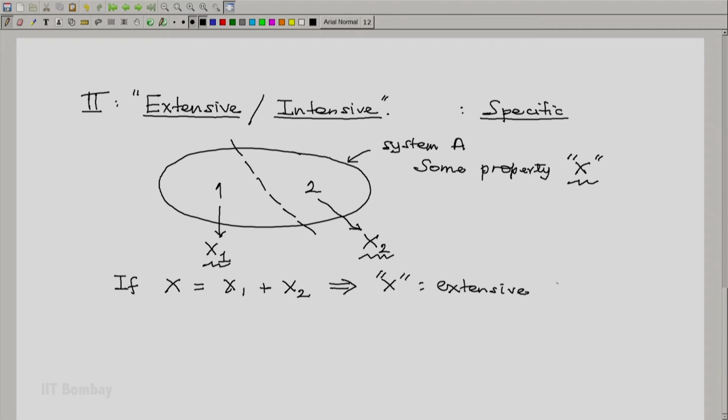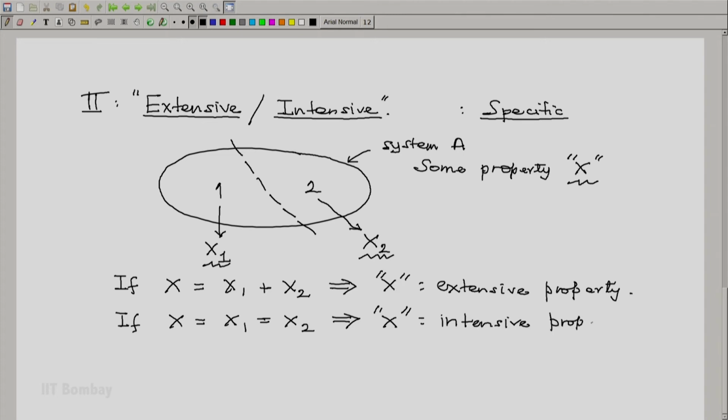then we say that X is an extensive property because it depends on the extent. If on the other hand X turns out to be equal to X1 and equal to X2, if all three are equal, then we say that X is an intensive property.